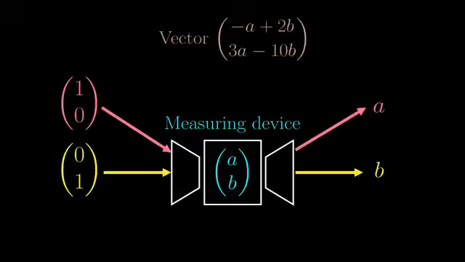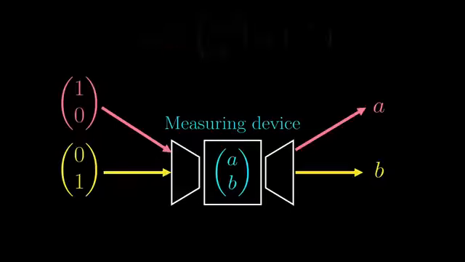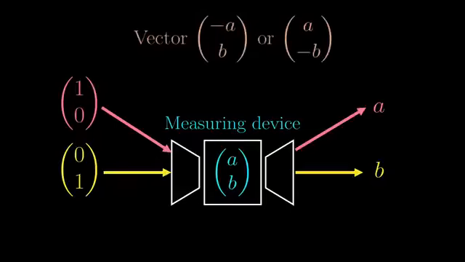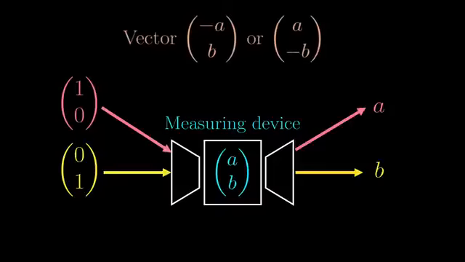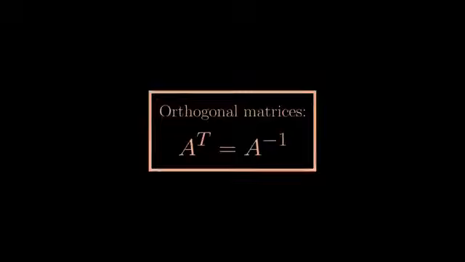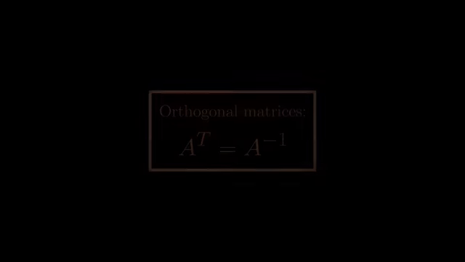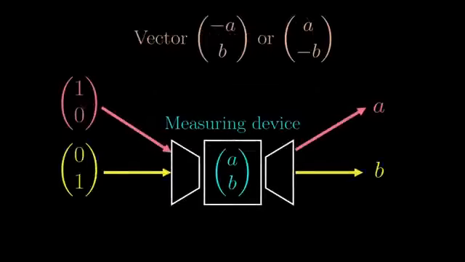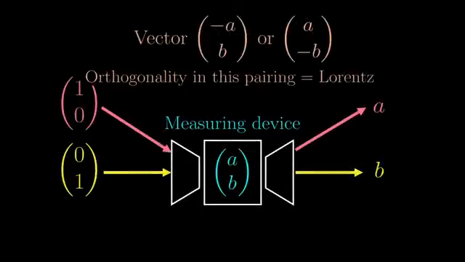There are many other options, but I'm choosing these two simply because either of these two will give you the mathematics of special relativity in 1 + 1 dimensions, and any matrix that fulfills this orthogonality condition under this pairing are the Lorentz transformations. Don't worry if any of these doesn't make sense. I will probably make videos on special and general relativity later on.